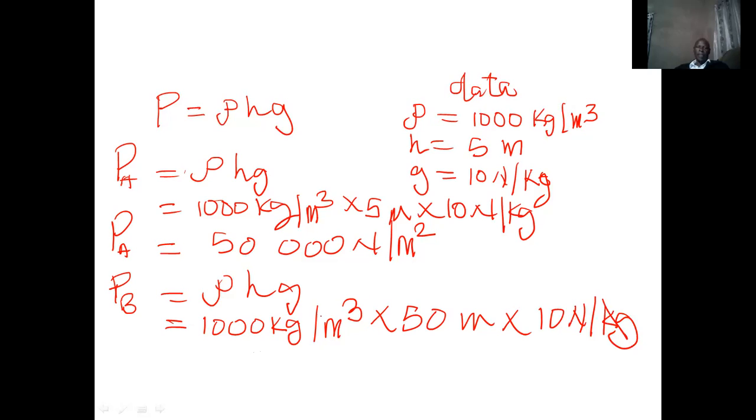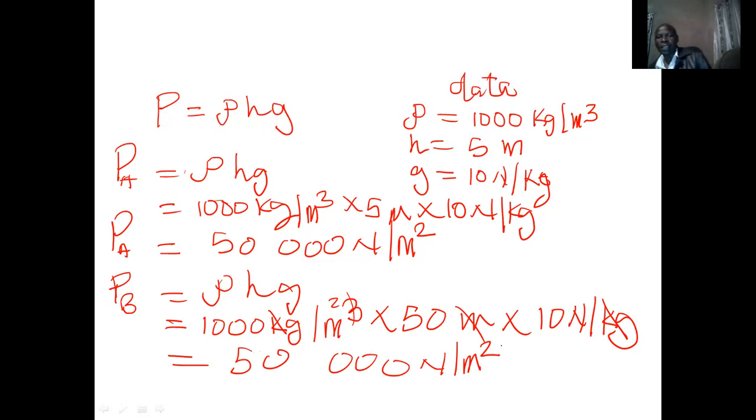We note that this one will go, and then you have 2 there, that one will go, which gives us 50,000 newtons per square meter. So we note that here the shape and the size does not matter. So what matters is the density, the height, and the gravitational field strength.